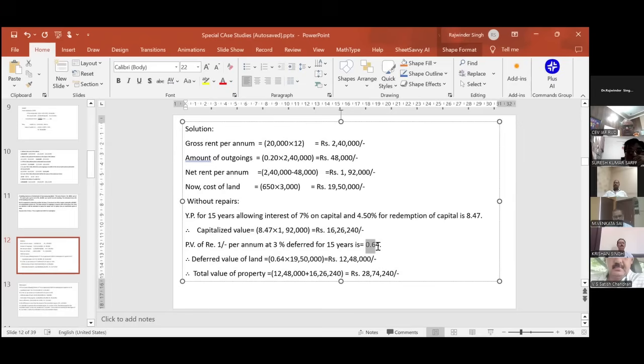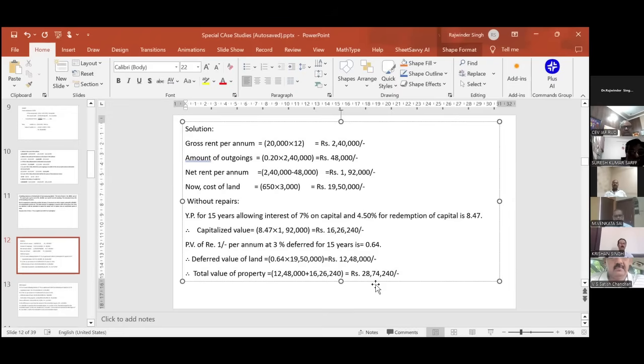Value is 0.64 present value factor. So the value of 19,50,000, which is after 15 years, its present value is 12,48,000. So the total value, if no repairs are carried out, 12,48,000 plus 16,26,240, the total value is 28,74,000. So this is if we do not carry out the repairs.